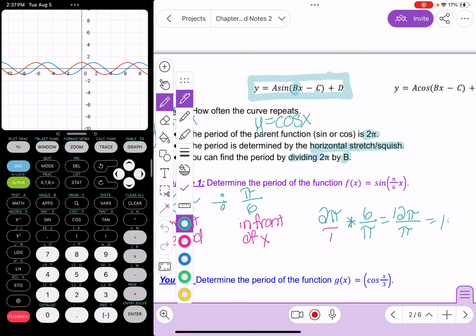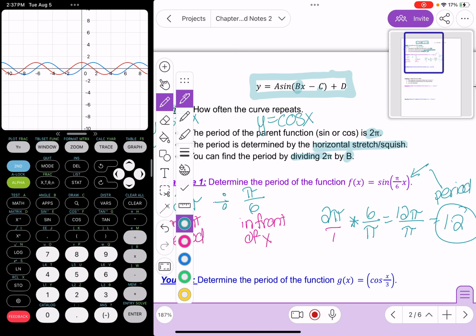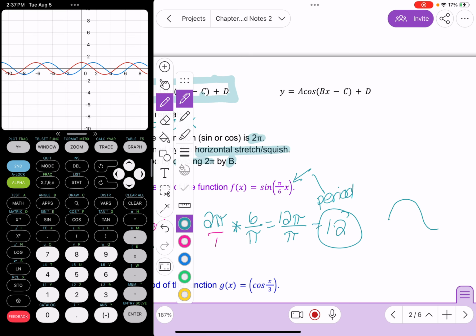And then the pi's cancel, and we get 12. So the period of this function is 12, which means on a number line, that shape would start at 0 and end at 12, and it would repeat every 12 units on the number line.